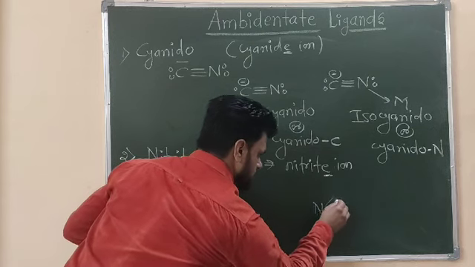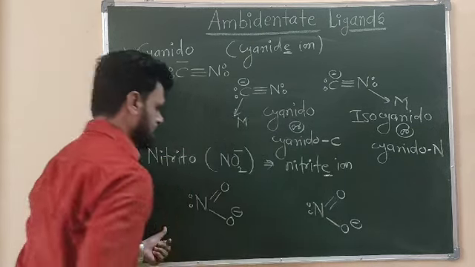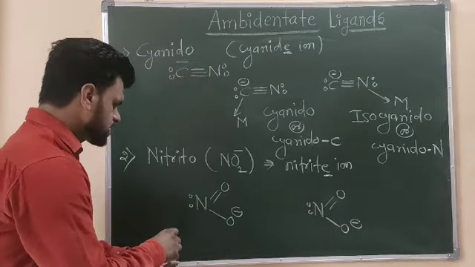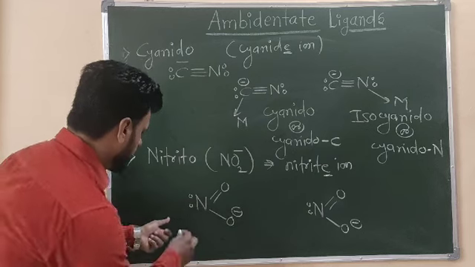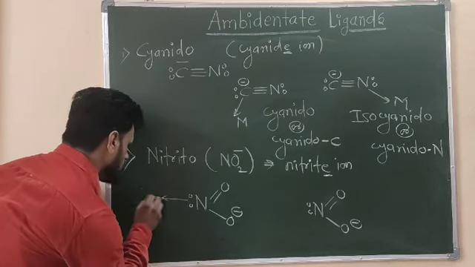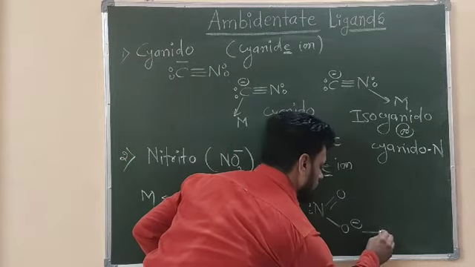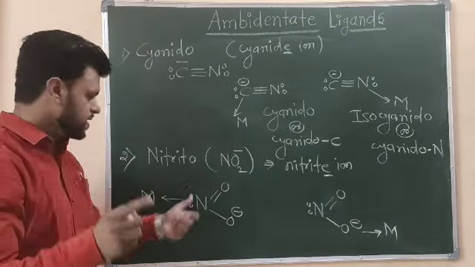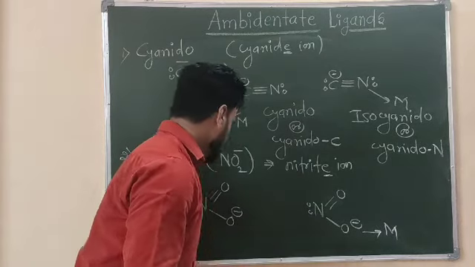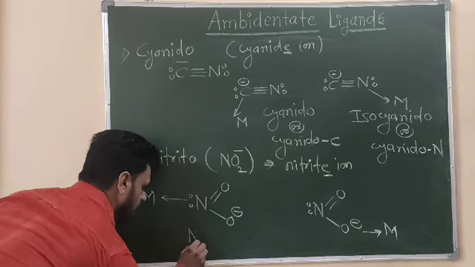Similarly, adding the same structure here, this also has two donor atoms, one via nitrogen and second via oxygen. So nitrite possesses two donor sites, nitrogen and oxygen, and if it forms via nitrogen, this is called nitrito.